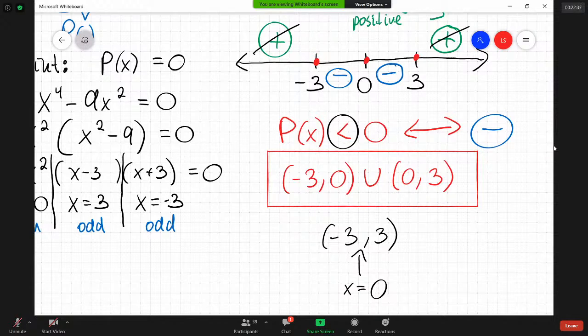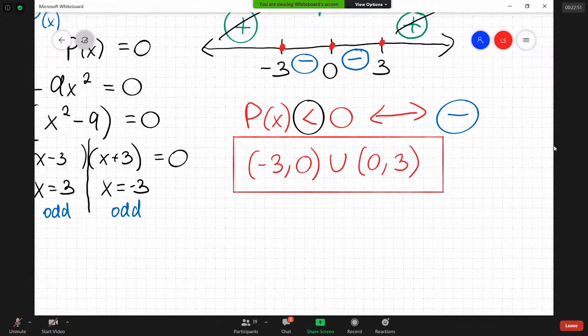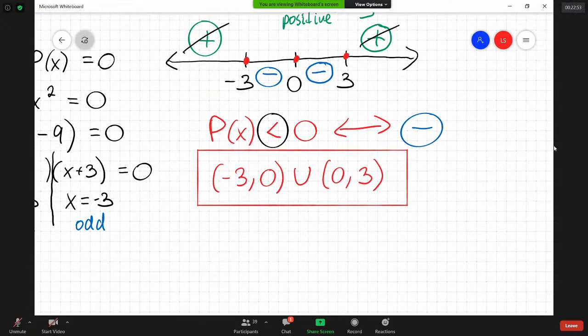If it were, so let's do a couple of different parts here just to show you guys the difference. Professor, but if we have the case that it's less than 0, can we just write -3 to 3 or no? Well, we do have the case where it's less than 0. Are you saying if we have the case less than or equal? Yeah.